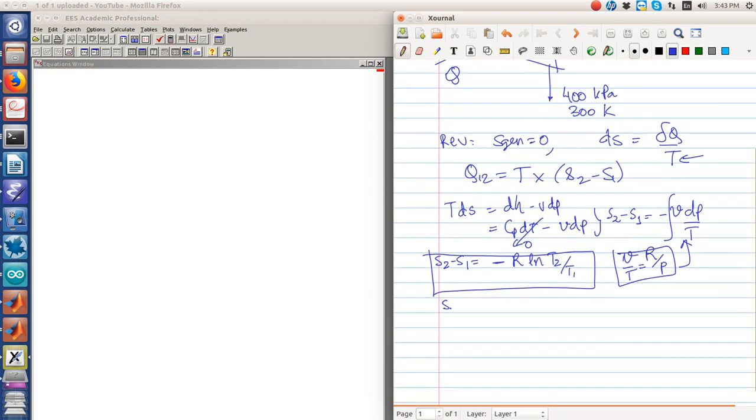So S2 minus S1 is equal to minus R ln P2 by P1. The R for air is equal to 8.314 kilojoule per kilomole Kelvin, and 1 kilomole of air contains how much? 28.97 kg per kilomole.